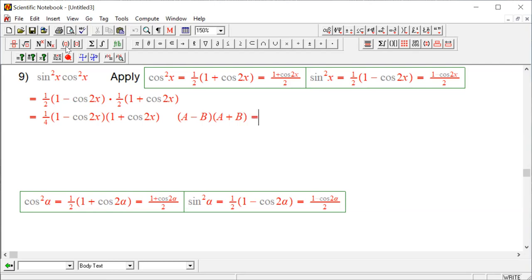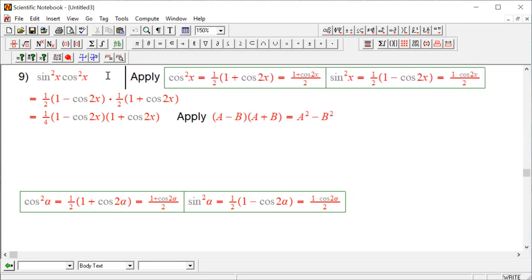If we FOIL these, we're going to get a squared, not 1, sorry, minus b squared. Okay, so we're going to apply this formula. So here we go.